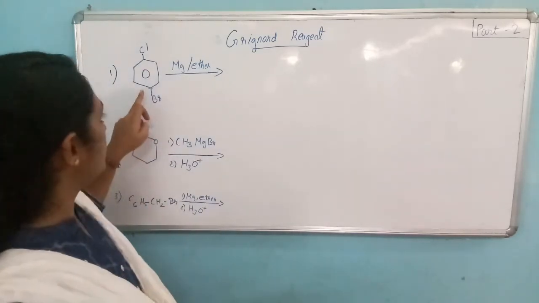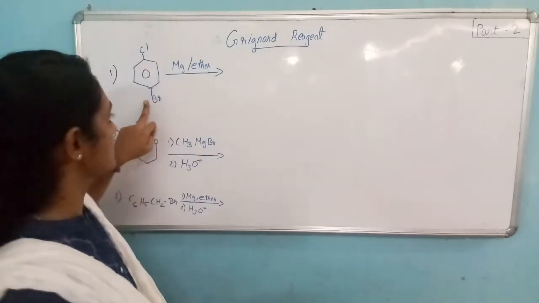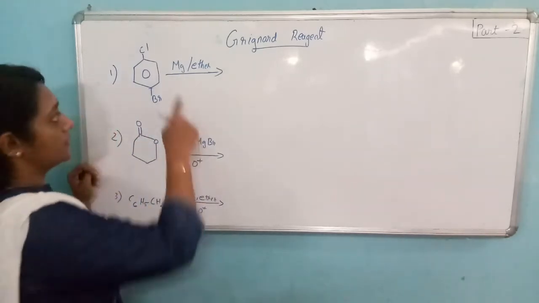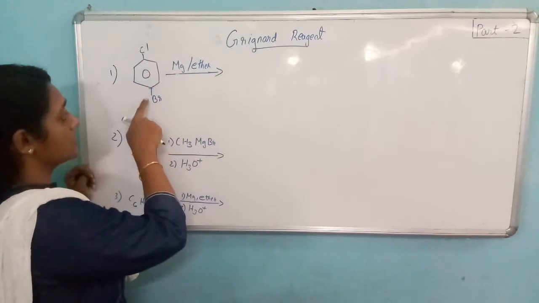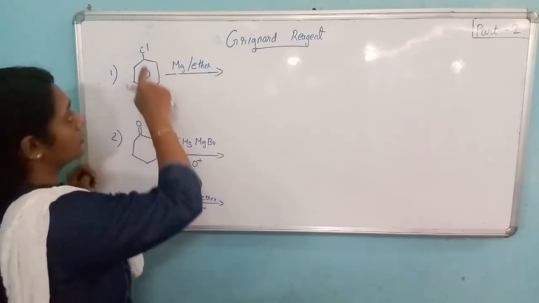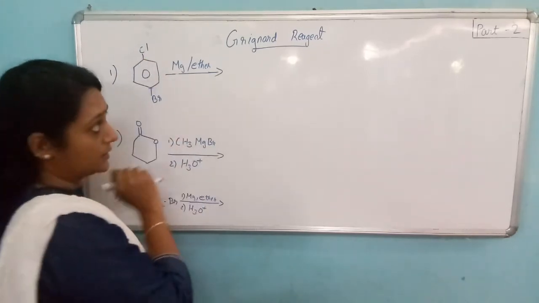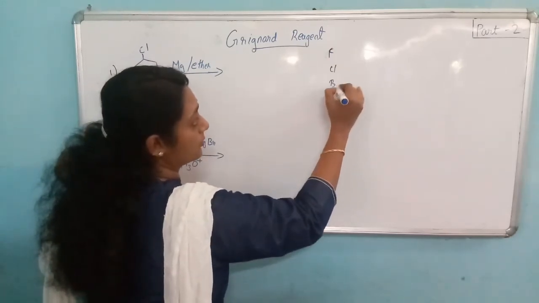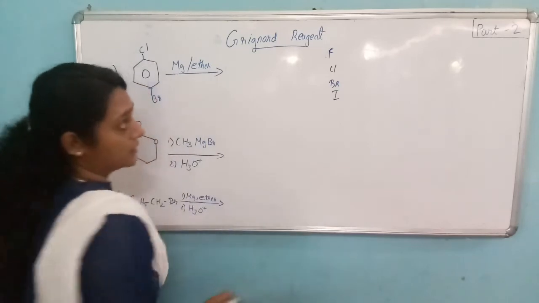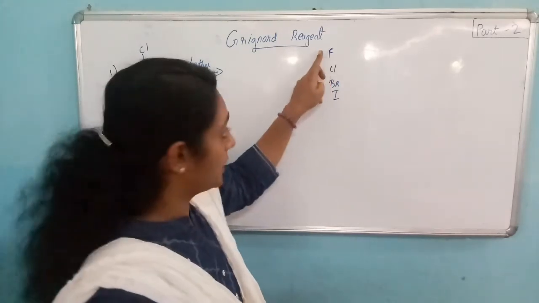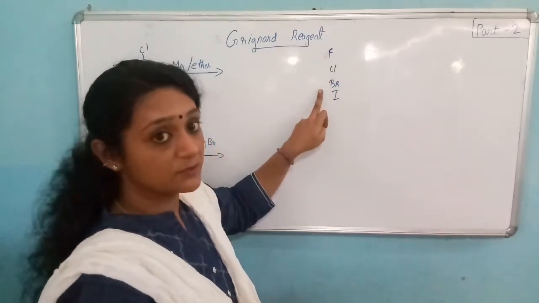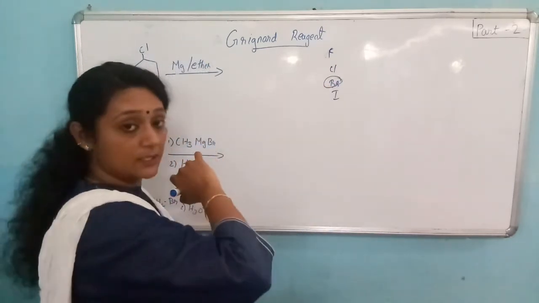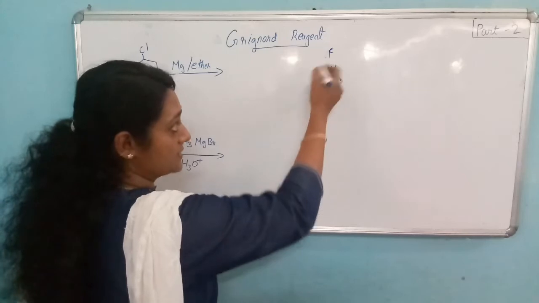This one is para-bromochlorobenzene. When treated with magnesium in presence of ether, what will be the product? The magnesium is inserted between this carbon-bromine bond or carbon-chlorine bond. You know that fluorine, chlorine, bromine, iodine, from top to bottom the size of the atom increases, and bromine has larger size than chlorine.